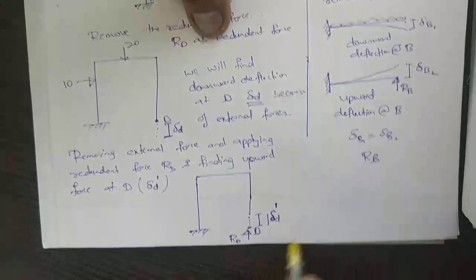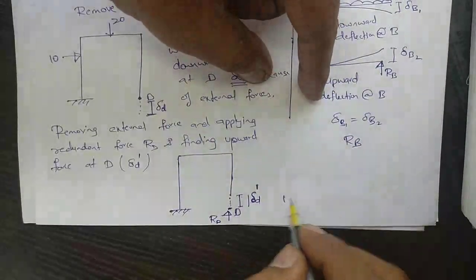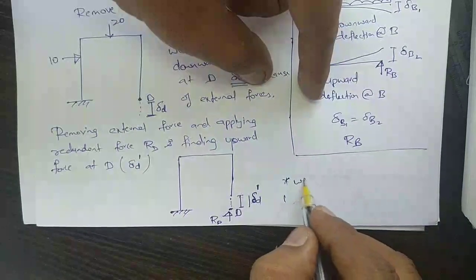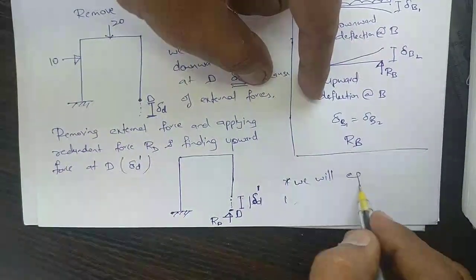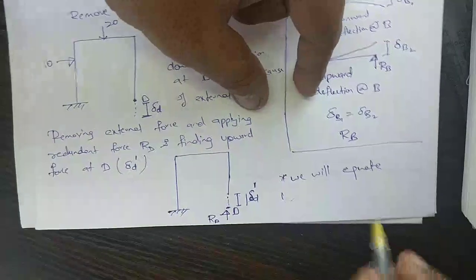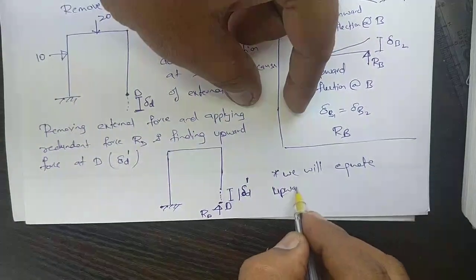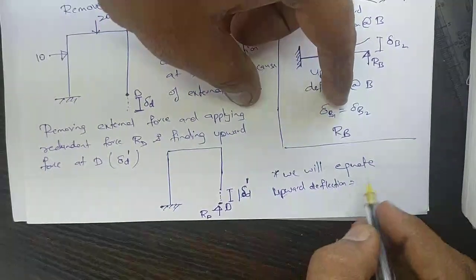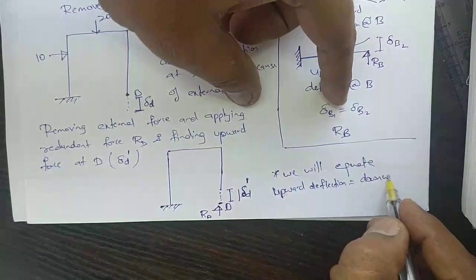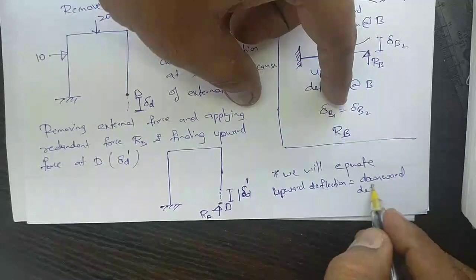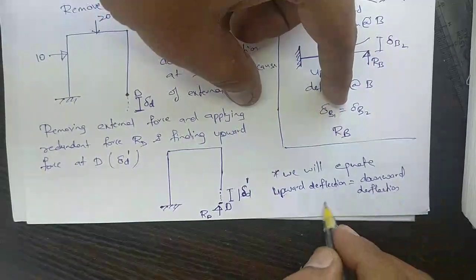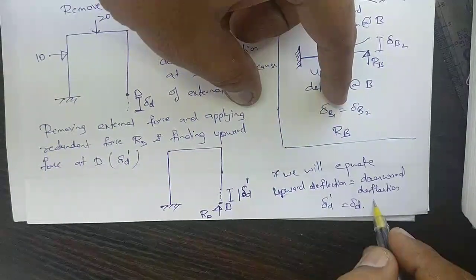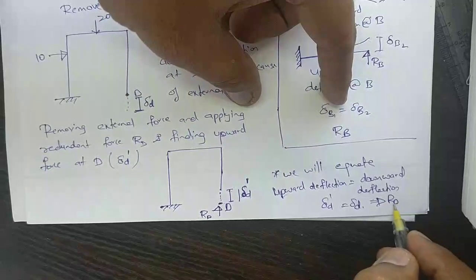We will find out this. Then the next step is we will equate upward deflection equal to downward deflection. Delta D dash is equal to delta D. From this we find out RD.